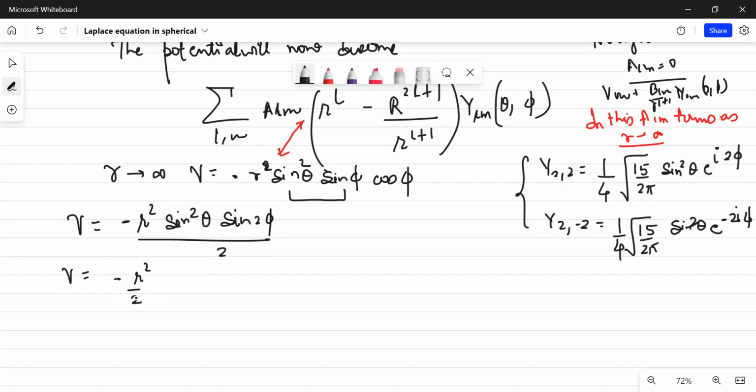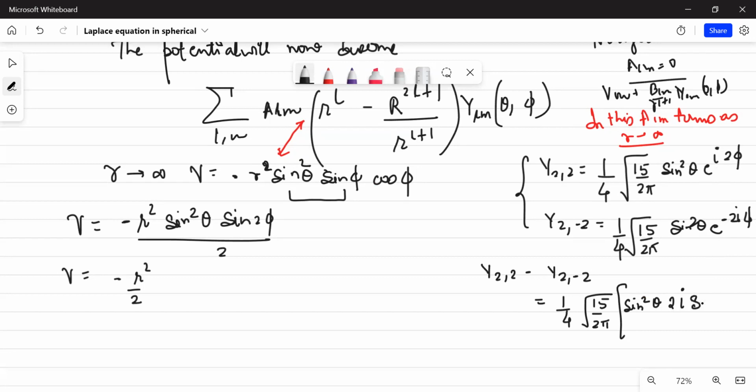Okay, this is fine. And if I write Y22 minus Y2 minus 2, it will be like 1 upon 4 root over 15 upon 2 pi. Now we'll have sine square theta, absolutely fine, and this e to the power iota 2 phi minus e to the power minus iota 2 phi. This will be like 2 iota.